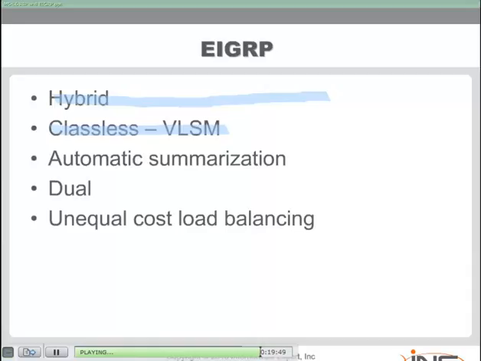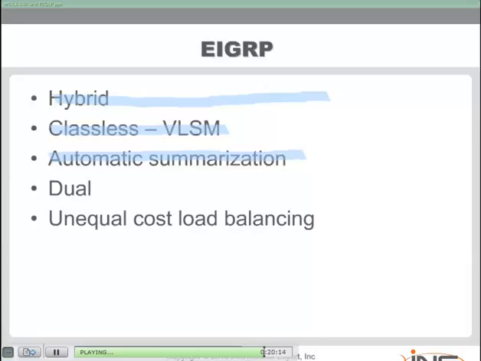Reliable Transport Protocol makes sure that the neighbors can exchange their information in a reliable manner. And we already told you in this course that EIGRP not only looks at bandwidth, but looks at a configurable delay value when it decides upon its metric.